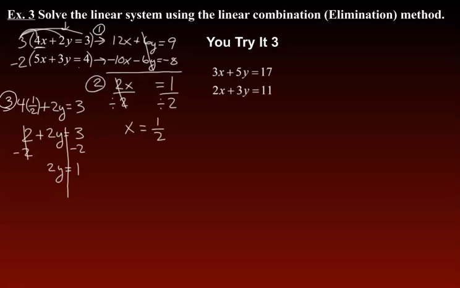And then we're going to divide both sides by 2. That way we get y equals 1/2. And then step 4 is to write our answer as an ordered pair. 1/2, comma 1/2. And with that, the first example is done.